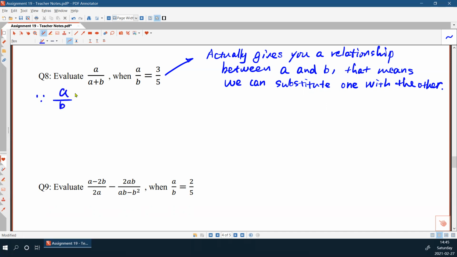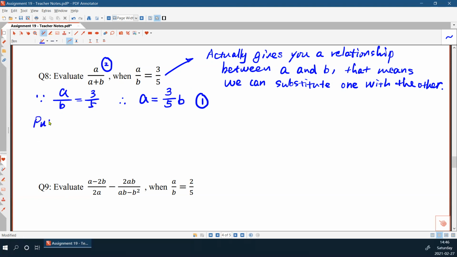Because A over B is 3 over 5, we can have A equals 3 over 5 times B, right? This means we can substitute A with 3 over 5 times B. Let's denote this with number 1, and the original expression here is 2.